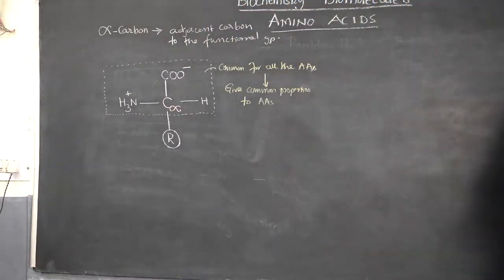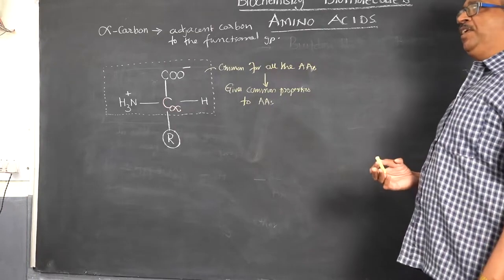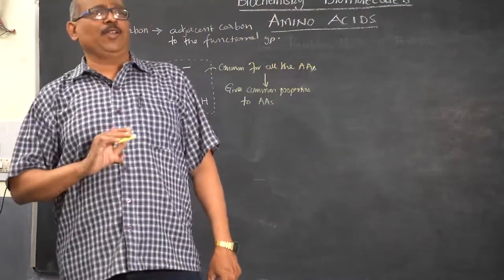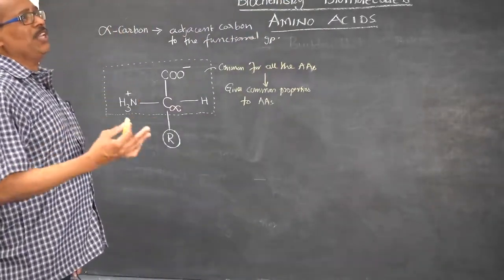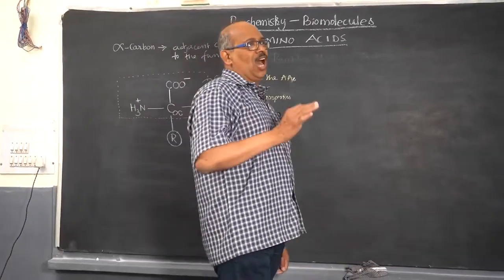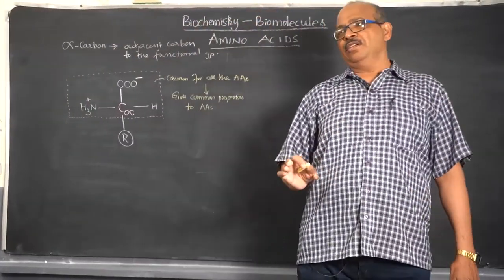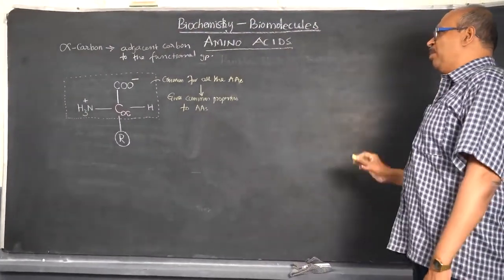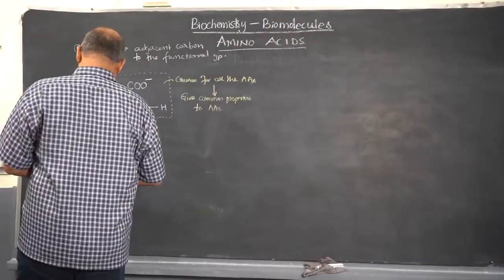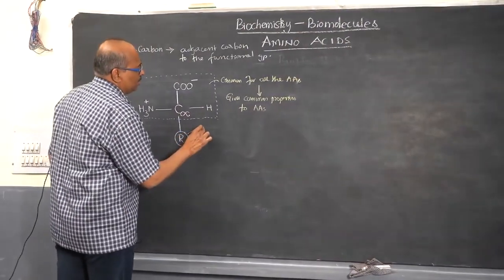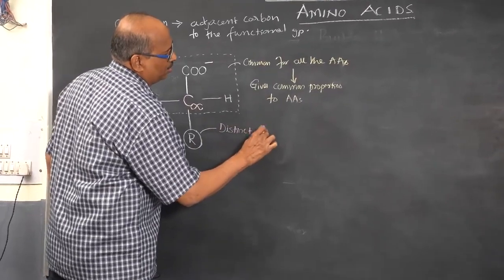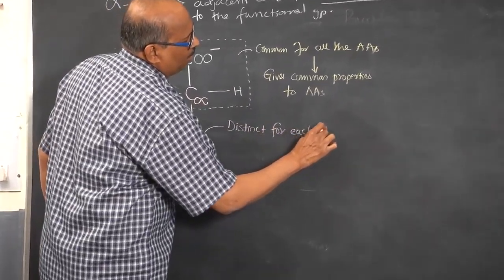So what gives the common property is the common group that is associated with the amino acid. What gives a unique property is the side chain, the R group, which distinguishes one amino acid from another amino acid. So this is distinct for each amino acid.